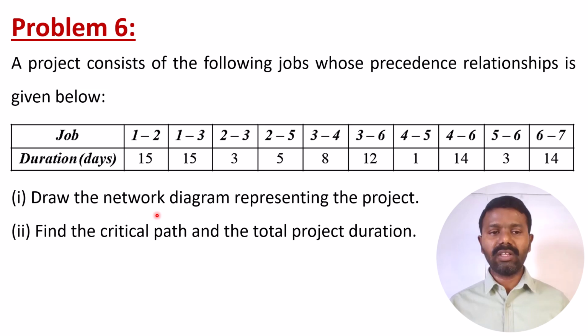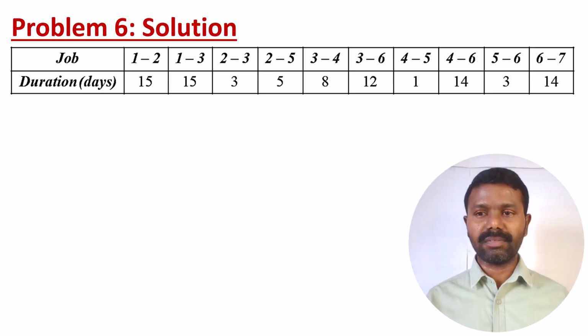We need to draw the network diagram representing the project, and find the critical path and the total project duration. That is the problem. So let us try to solve this.